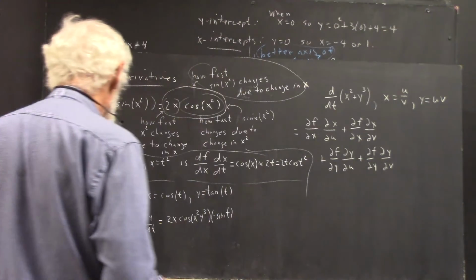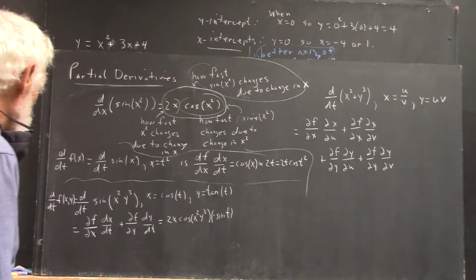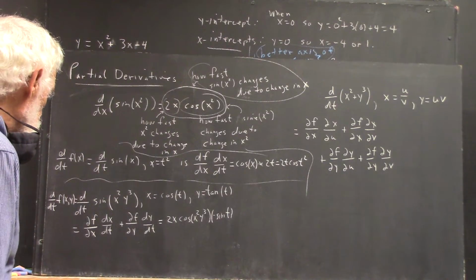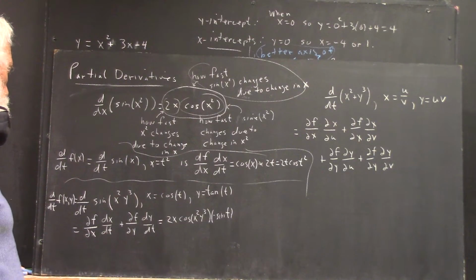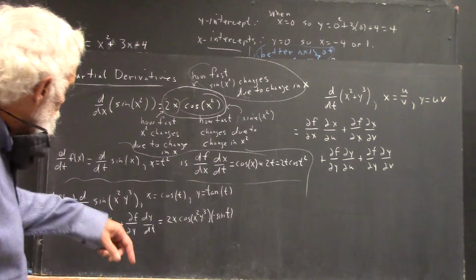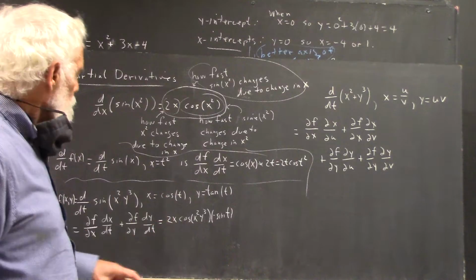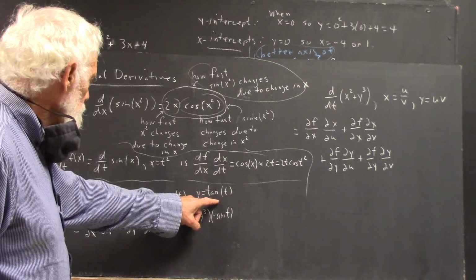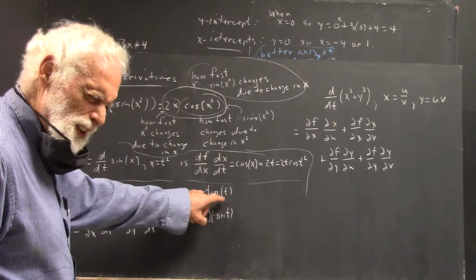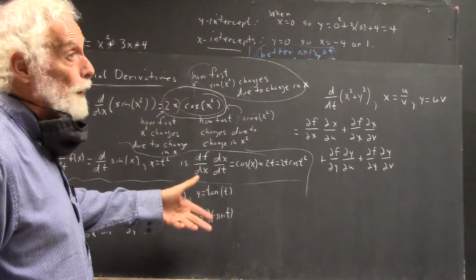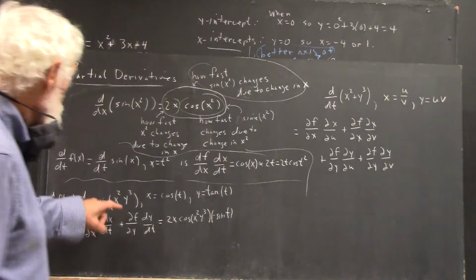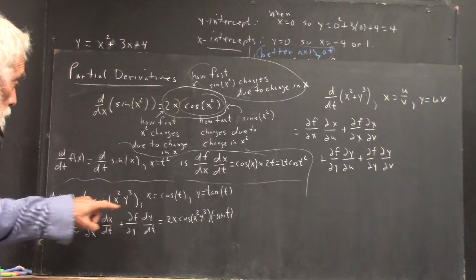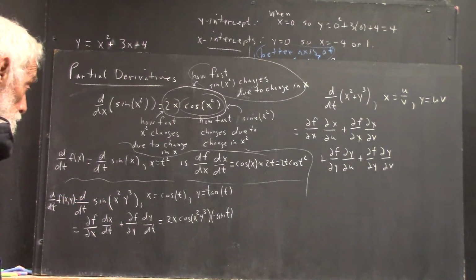Then we have the rate at which a change in t drives a change in y, multiplied by the rate at which a change in y drives a change in the value of the sine function.